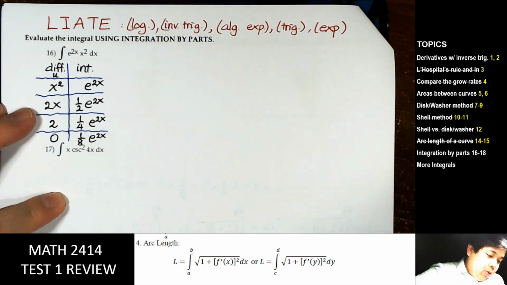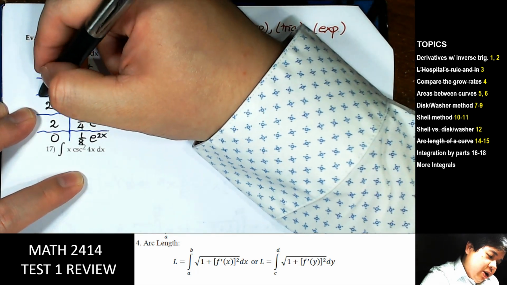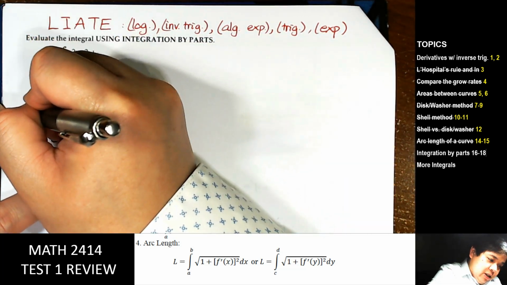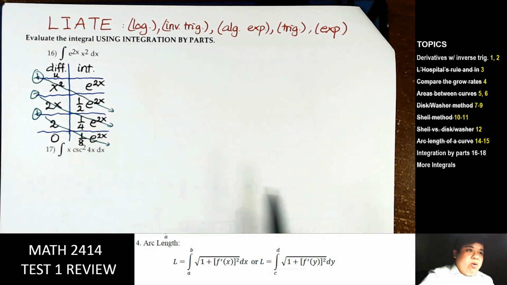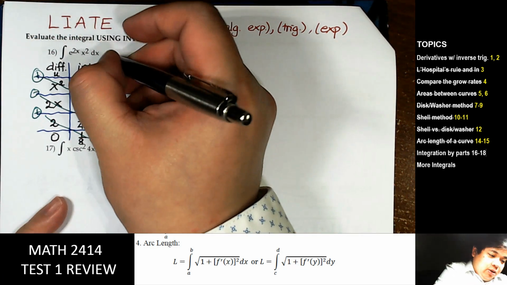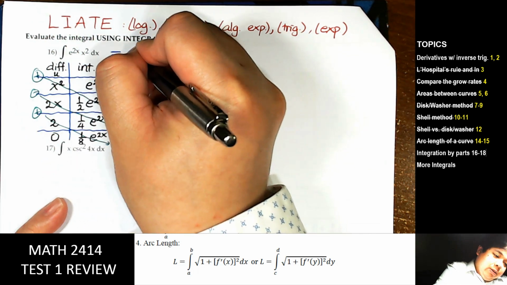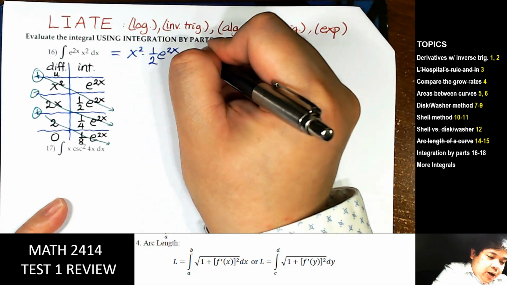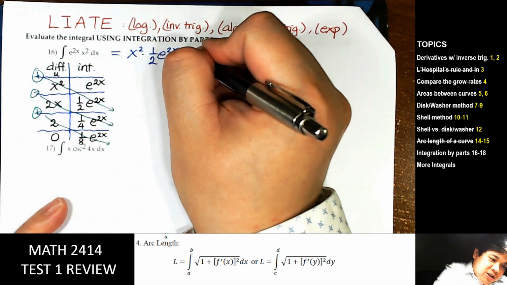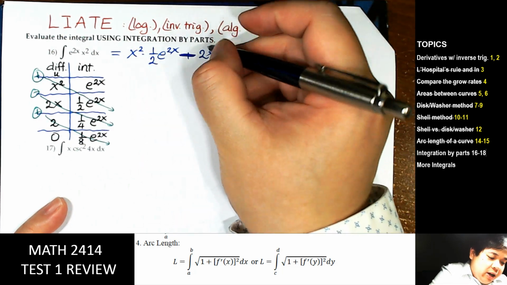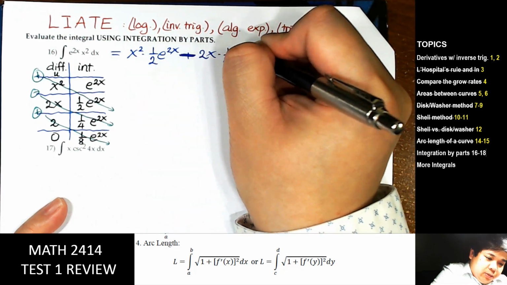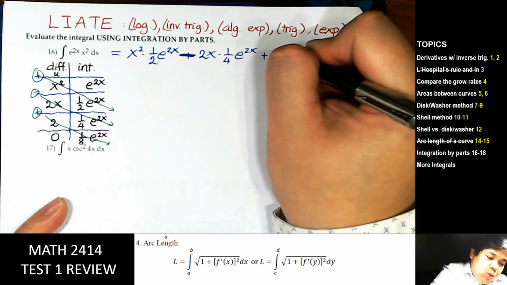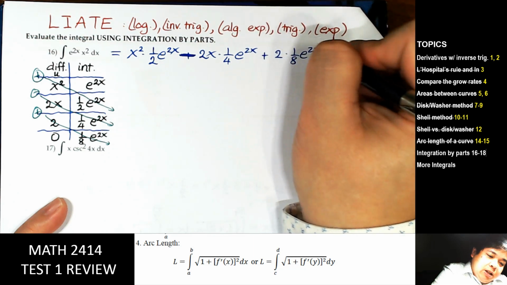Right. Integration by parts, we will multiply the diagonals, the signs alternating. After that will be 0. Right. So the integral equals the first one, x squared times 1/2 e to the 2x, minus 2x times 1/4 e to the 2x, plus 2 times 1/8 e to the 2x, plus c.